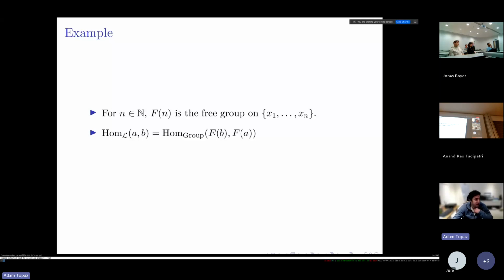But let me play around with this definition a little bit. The very first thing that I want to do is remind you of a consequence of the universal property of a free group.